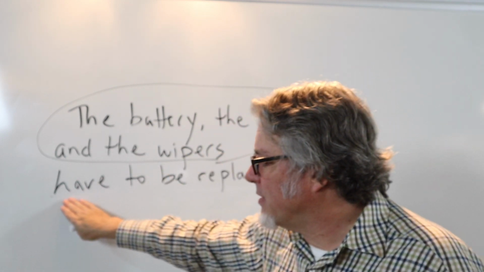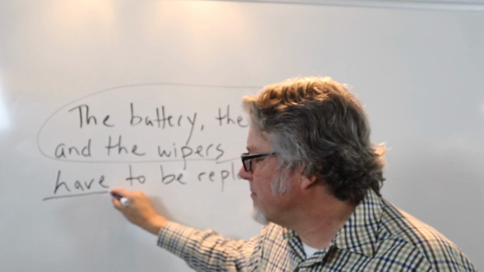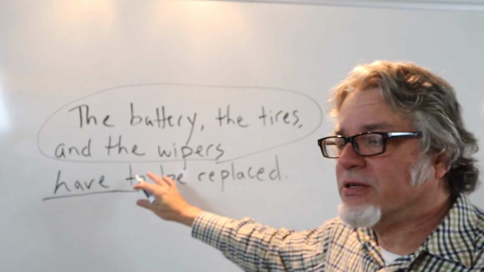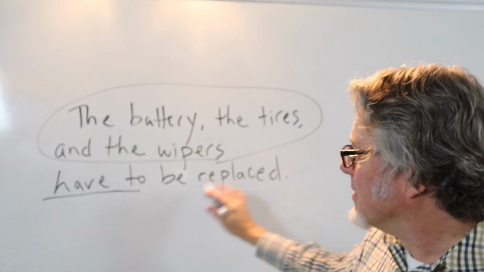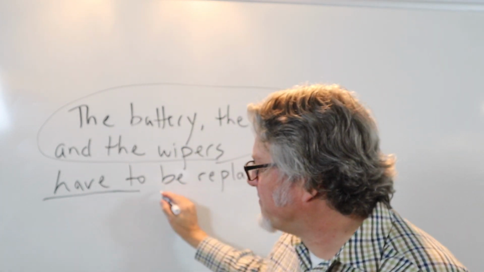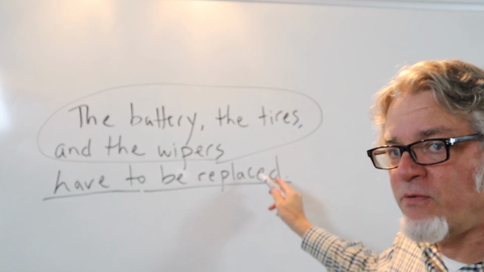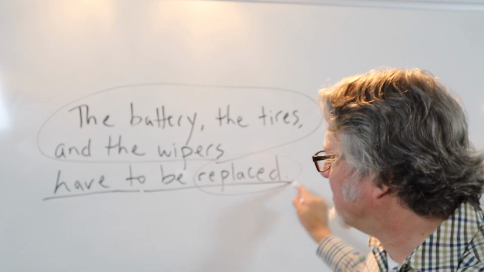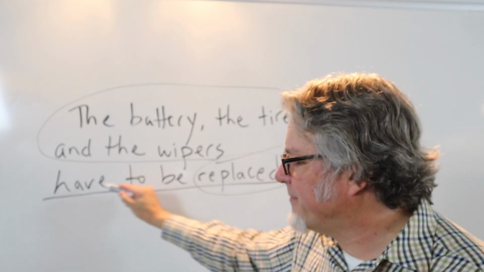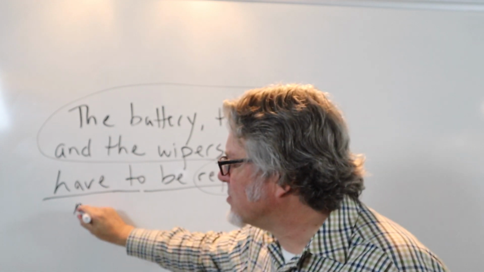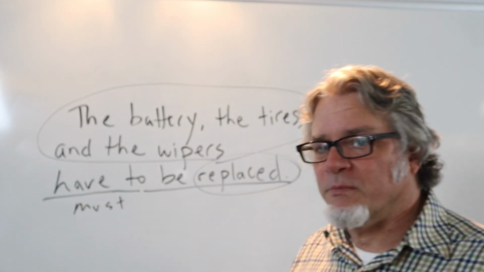And the verb, this helping verb, have to, matches the subject. The entire verb phrase is in the passive voice. So here's the main verb, and have to is similar to the modal verb must.